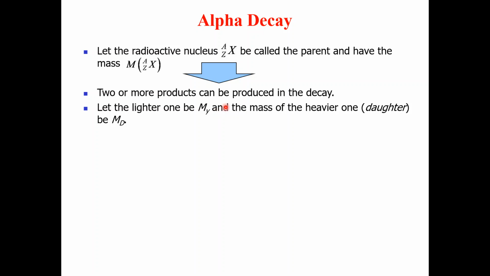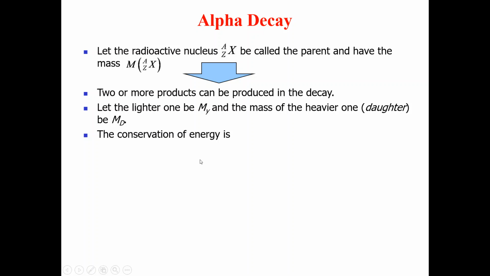Just like we mentioned, we can expect two or more products in the decay process. So let the mass of the lighter one be denoted by M with the subscript Y, and the mass of the heavier one, that we call the daughter nucleus, be denoted by MD. These are the two nuclei that we are expecting to be emitted during the decay process.